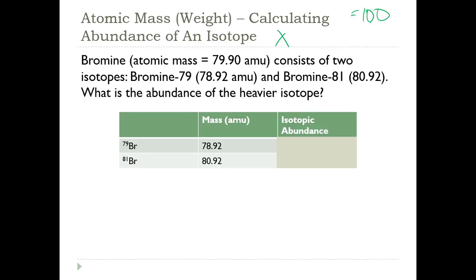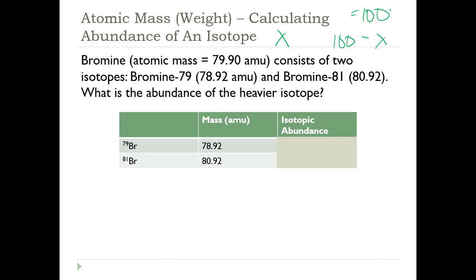Essentially you would say 100 minus 60, and that would leave you with 40. So you would say 100 minus x, because the percent has to add up to 100.